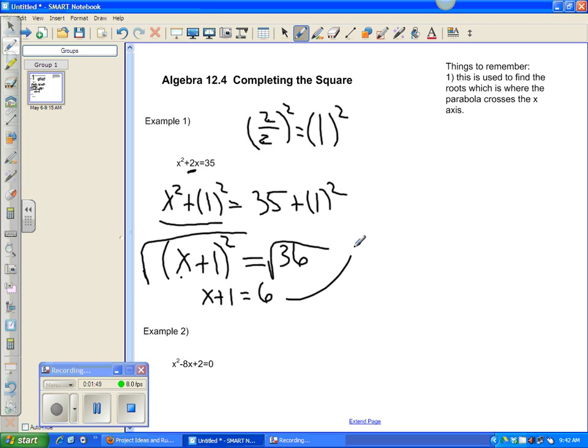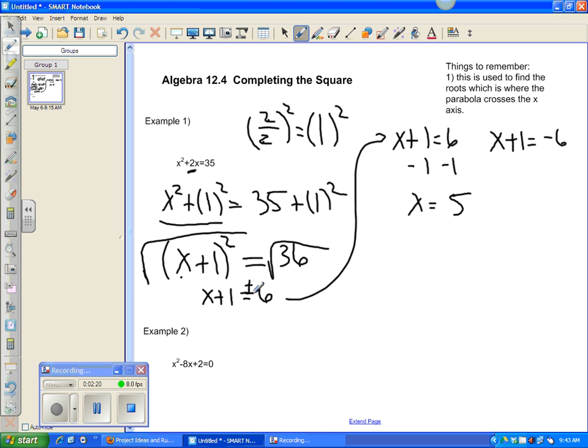So let me move this over here. I go x plus 1 is equal to 6. And now I go over here where I go minus 1, x is equal to 5. And the reality is that since this could be negative 6, you could also do x plus 1 is equal to a negative 6, because really this is plus or minus 6.